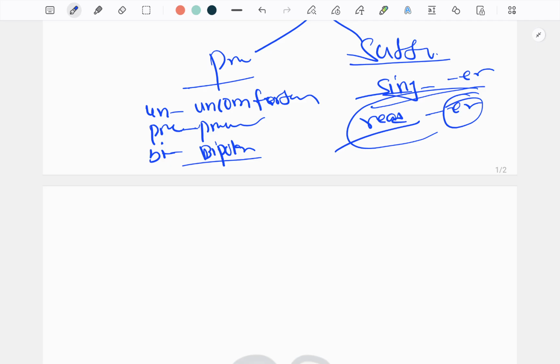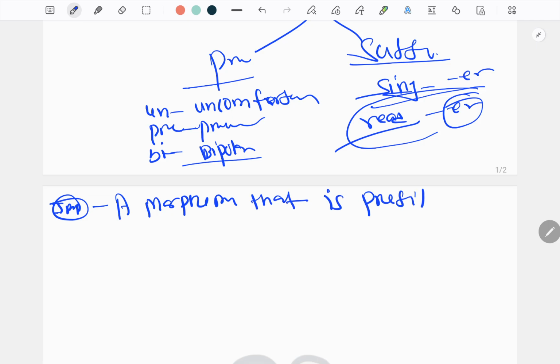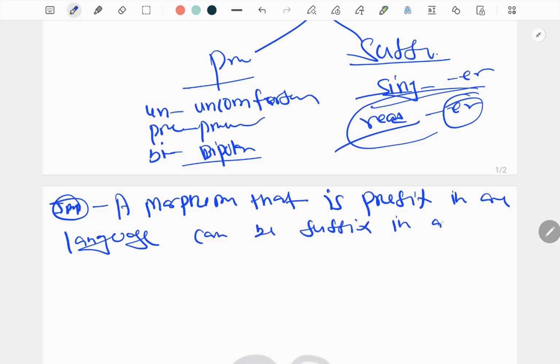Here is one more important point that we should know: a morpheme that is a prefix in one language can be a suffix in another language.